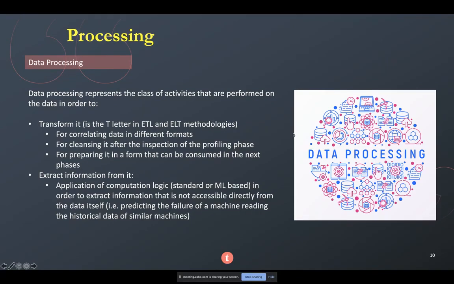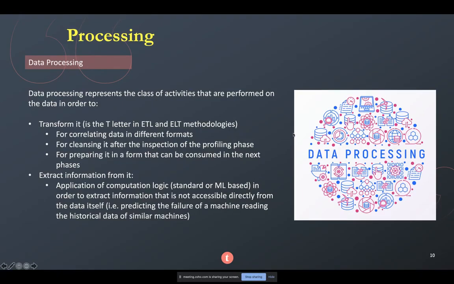But you can also extract information that is not that visible and that easy to understand. For example, you want to understand a pattern. A pattern can be, for example, and we will also do this example afterwards, let's say that you have different devices, and these devices are producing a lot of data, and you want to predict when these devices will break.